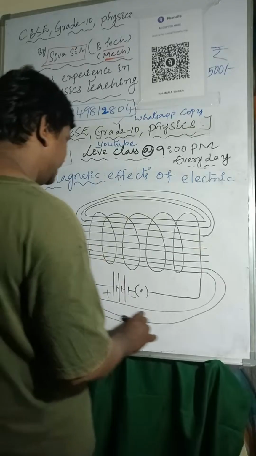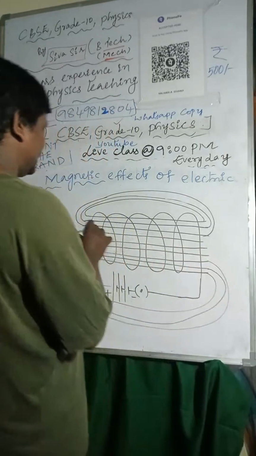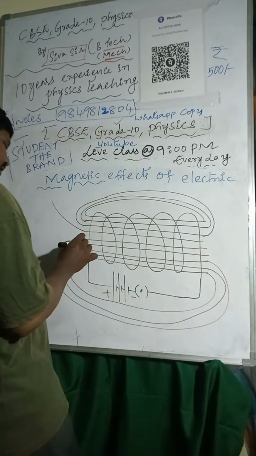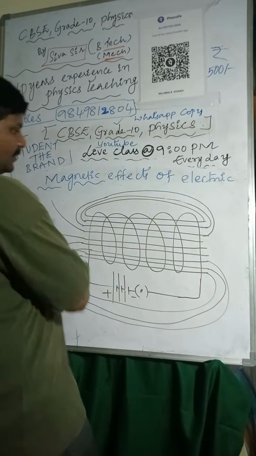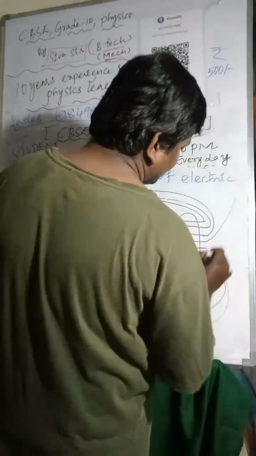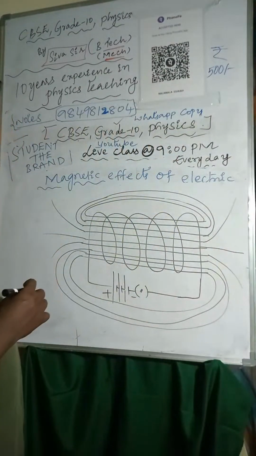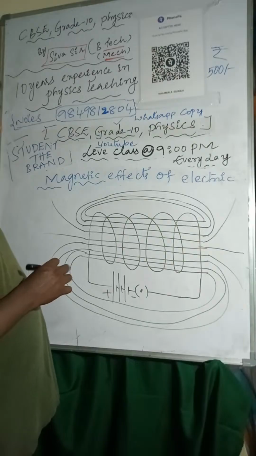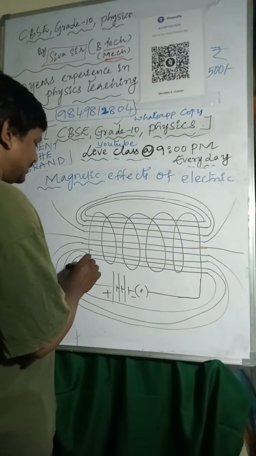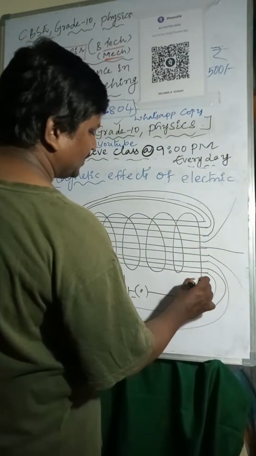I am taking below like this. And here you can take 3 lines, here also 3 lines. So in the middle, it will become parallel lines. So I'm taking the current direction like this. So here also the current direction.